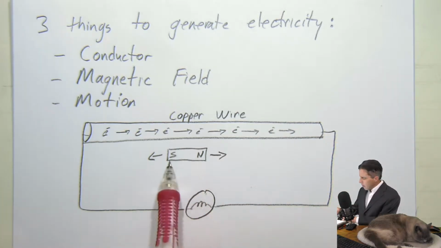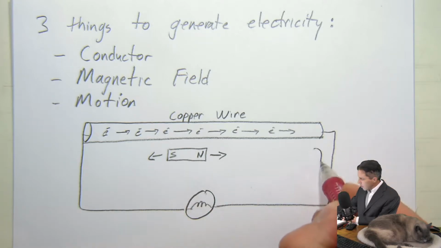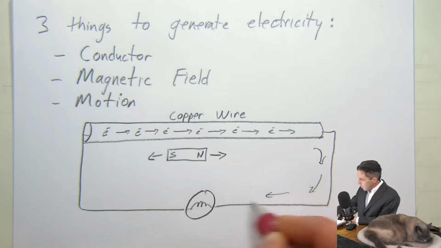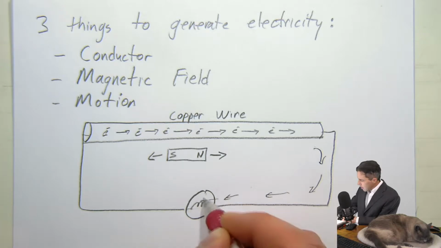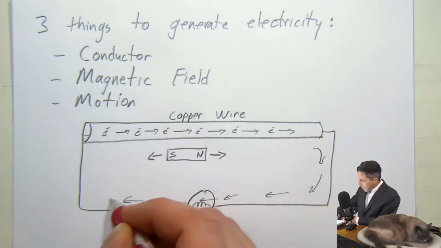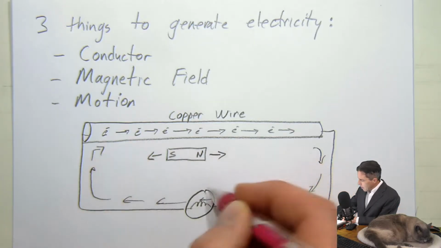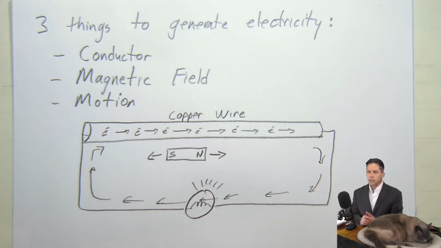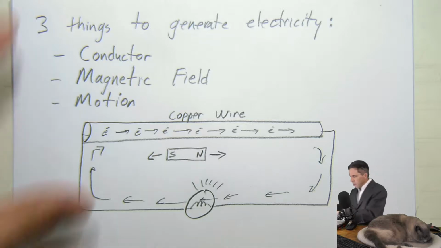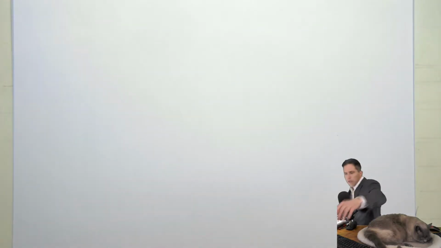And as I move this back and forth, the electrons would actually move down the wire through the light, and they would continue going on a loop, and the light would light up, right? So that's electricity.